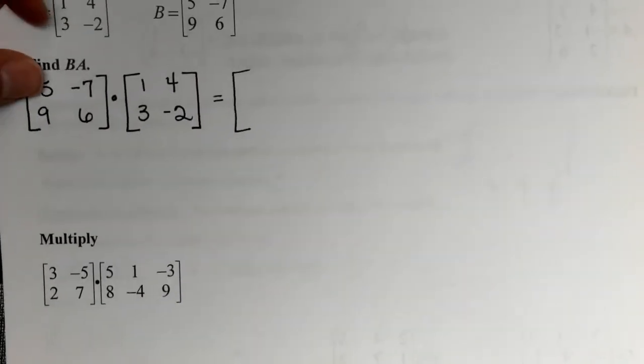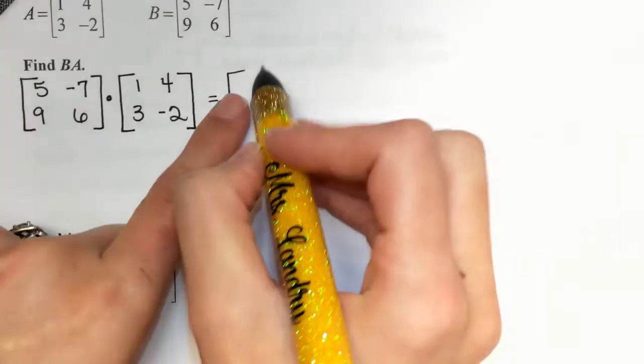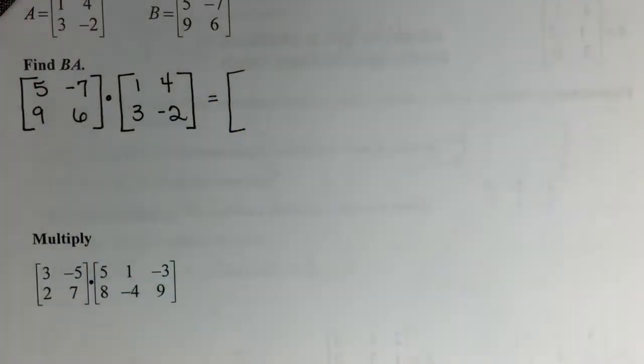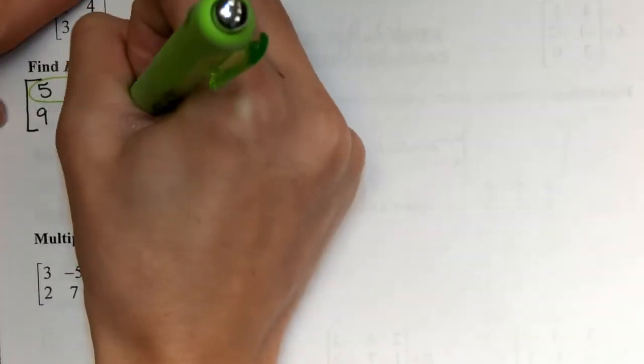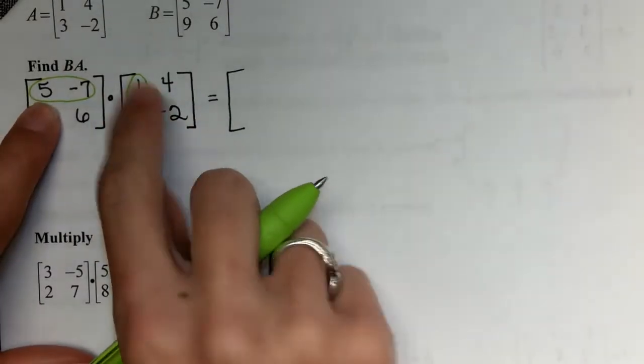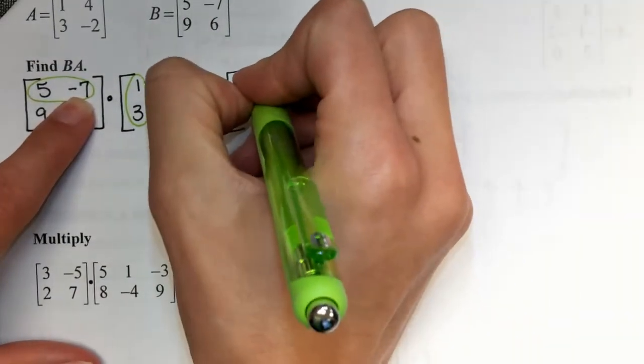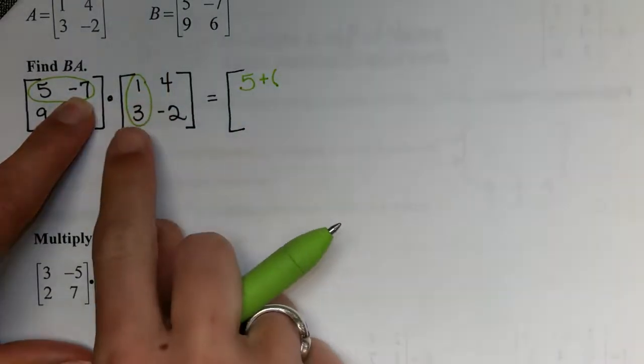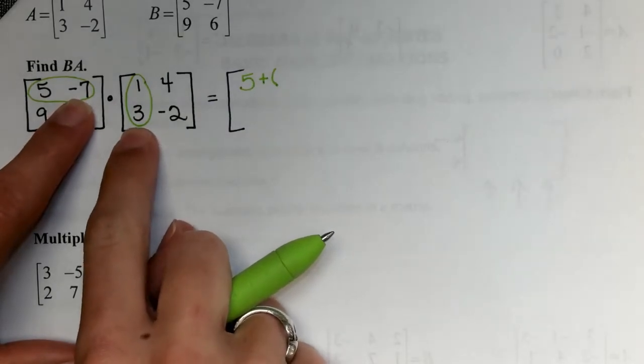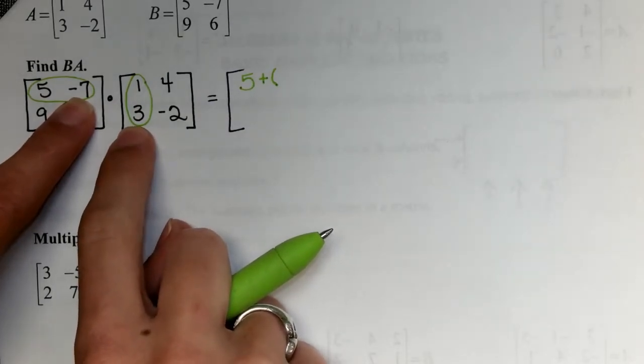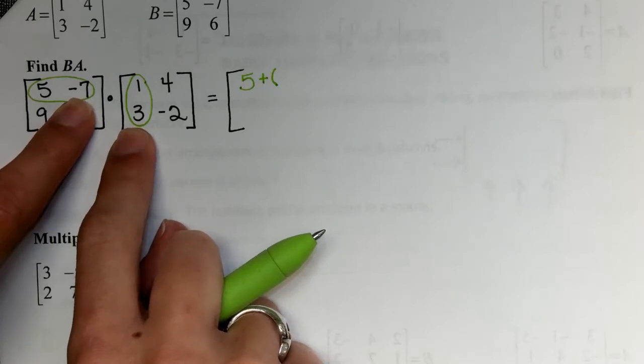Okay? So, I need first row, first column. So I'm going to multiply first row, first column. 5 times 1 is 5. I'm going to put a plus so you understand I'm adding, because there's the next lesson where you're subtracting. There's a lot of flip-flopping from one lesson to the next, so that's why it's a lot with matrices.